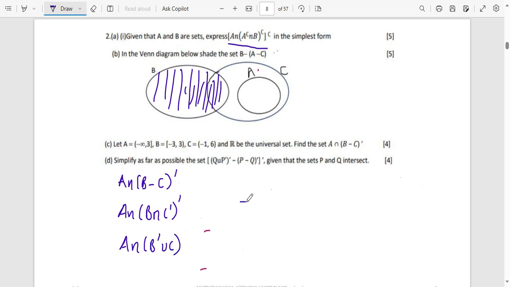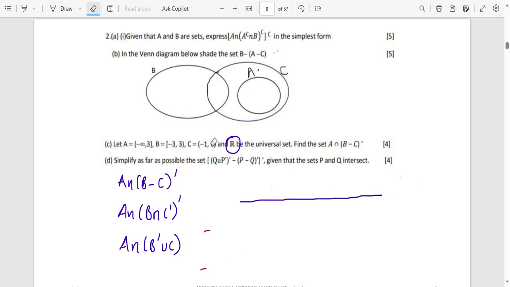Now, as I've always been mentioning, first look at your universal set. Here the universal set is the set of real numbers, meaning it's not a restricted universal set like others. So I'll go to the one with a complement, B complement. B is from negative 3 to 3.